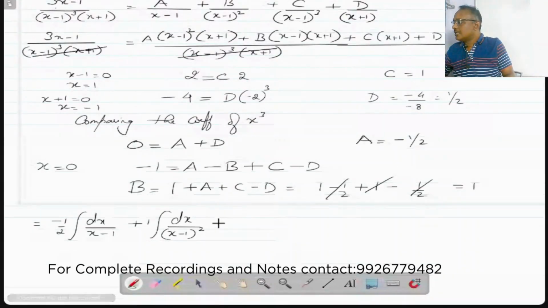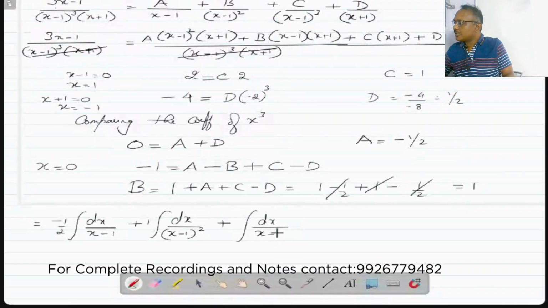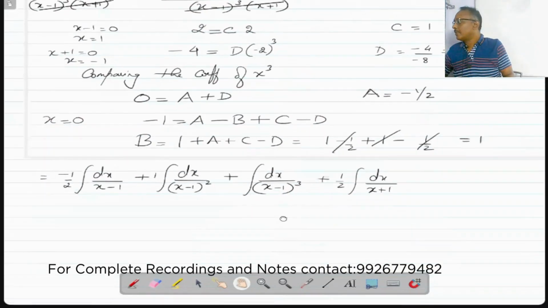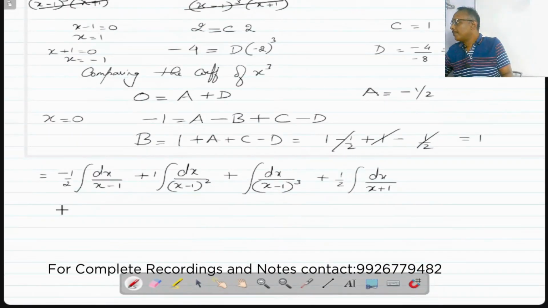C is 1 times of dx upon x minus 1 ka cube. D is 1 by 2 times of dx upon x plus 1. सही है? So this would become minus 1 by 2 log of x minus 1.